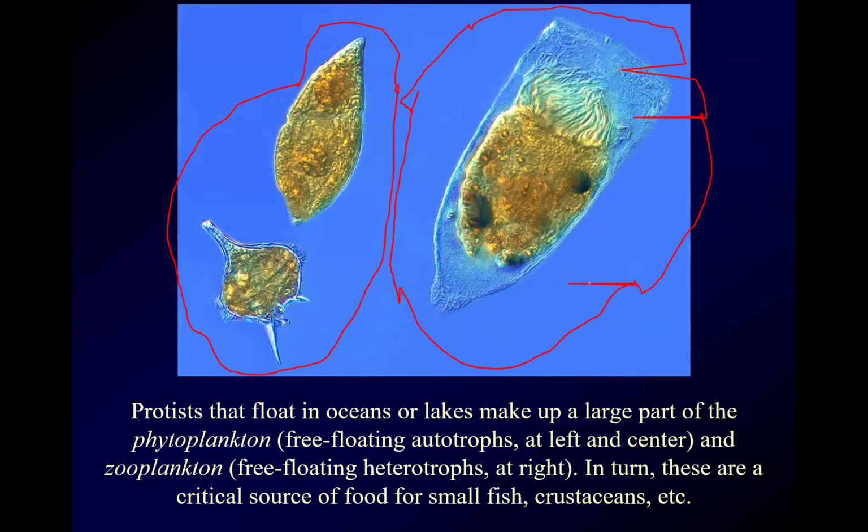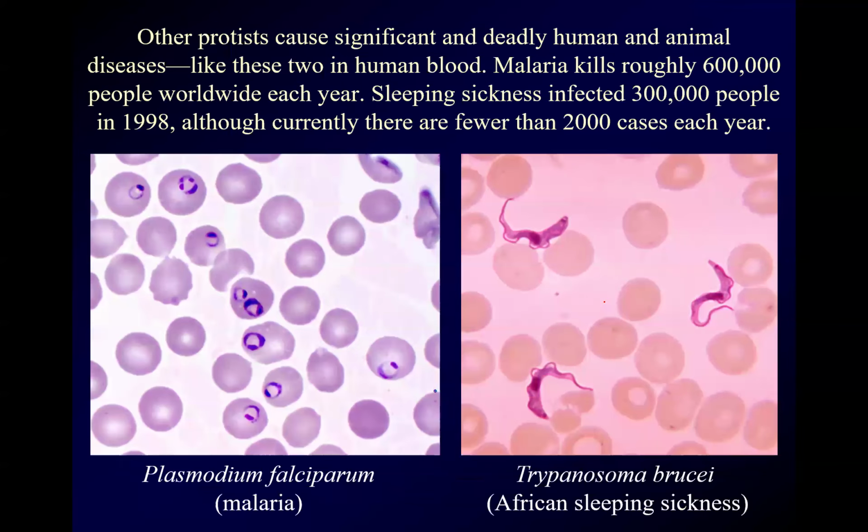In a lake around here, there are phytoplankton, and they get fed on by zooplankton, and those get fed on by, I don't know, gizzard shad, and those get fed on by crappie and largemouth bass, and those get fed on by people that catch them and dip them in cornmeal batter and deep fry them. So, very important in the grand scheme of things in ecology, which we'll get to again much later in the course. There are other protists that cause deadly human diseases.